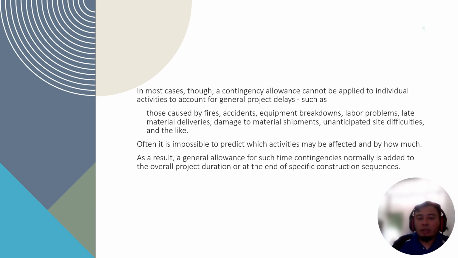In most cases, though, a contingency allowance cannot be applied to individual activities to account for general project delays, such as those caused by fires, accidents, equipment breakdowns, labor problems, late material delivery, damage to material shipment, unanticipated site difficulties, and the like.